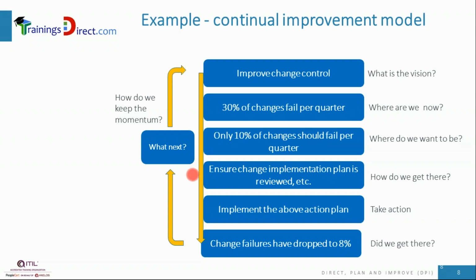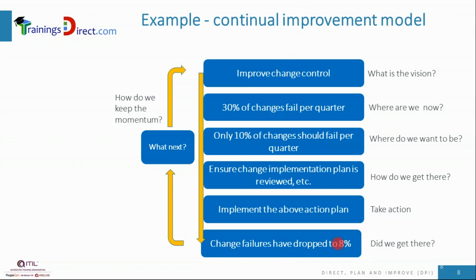And the action plan is to ensure the change implementation plan is reviewed, and maybe other actions as well. The action is implemented, and afterwards a check is done whether change failures drop to 10%. It was found that change failures dropped to 8%, which is even better than the 10% target, which means the organization can move on to what to improve next.